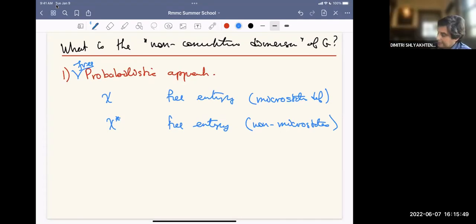All right. So I will tell you a little bit about both of them. But let me just say, these are replacements for what I called H on the previous slide, right?